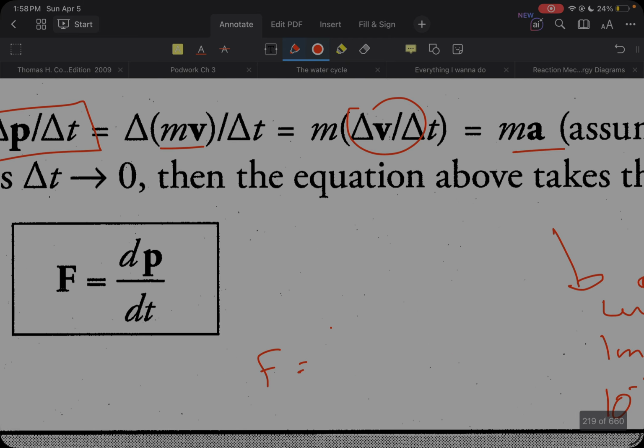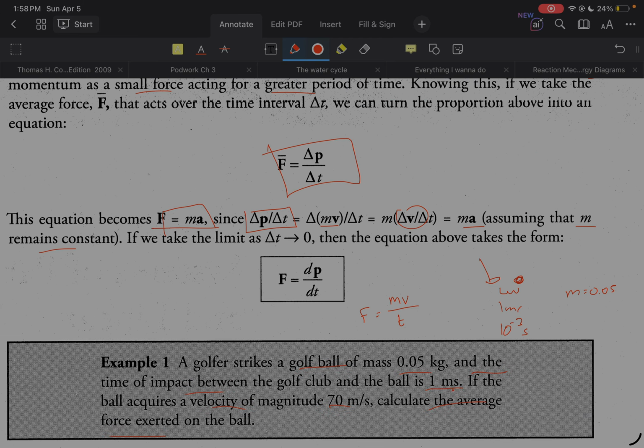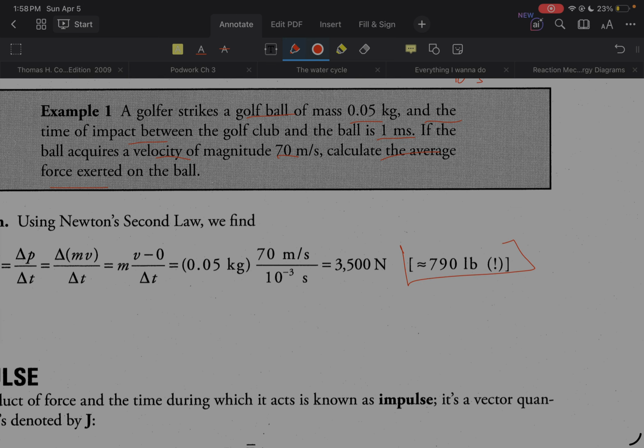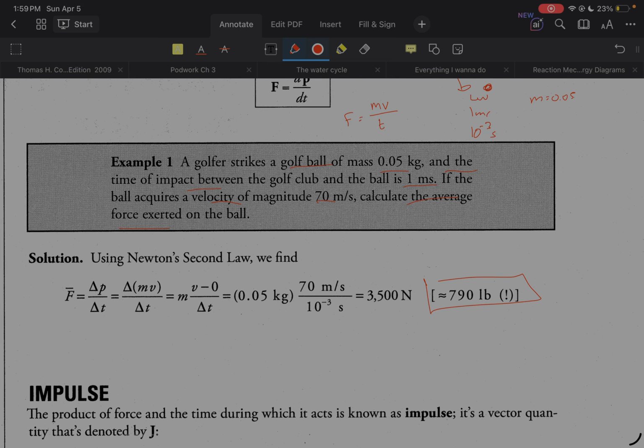Momentum is mass times velocity, so we just plug in what we have, and using that we get about 790 pounds or 3,500 newtons.